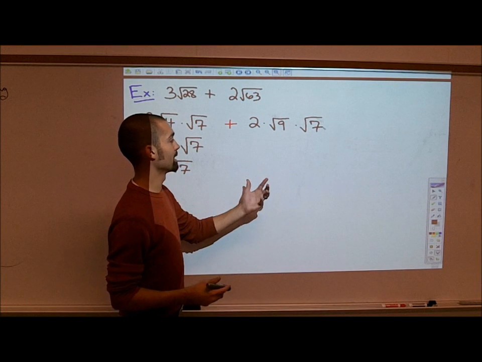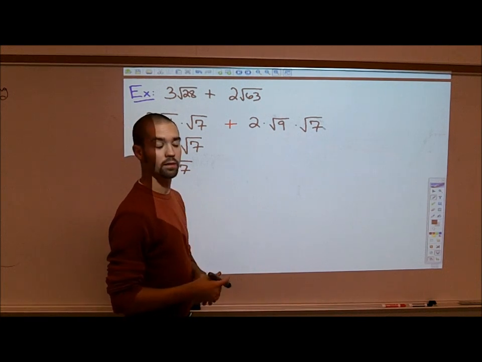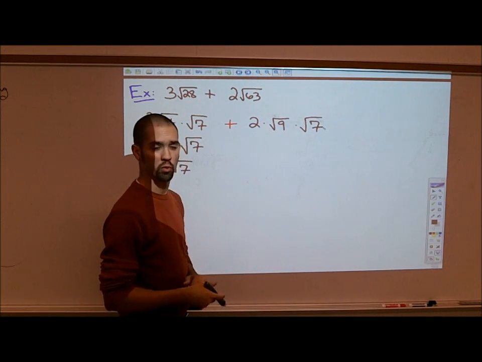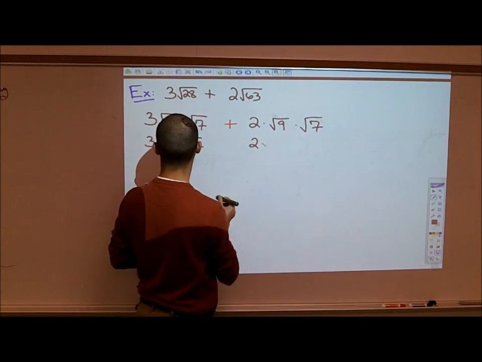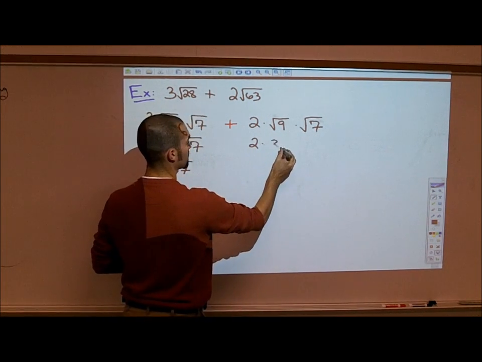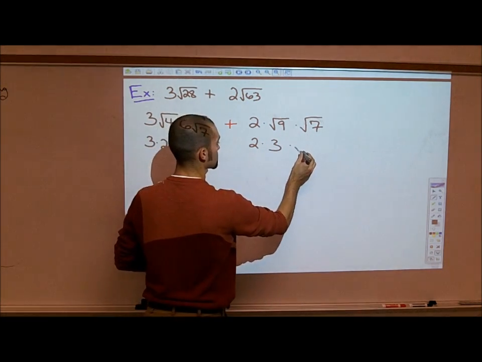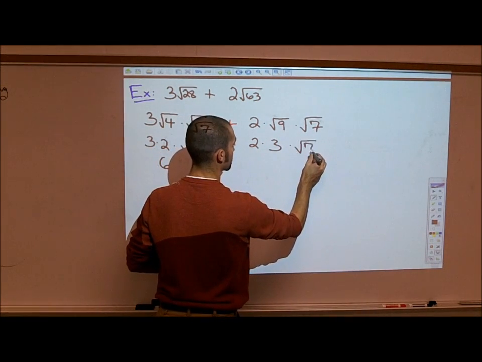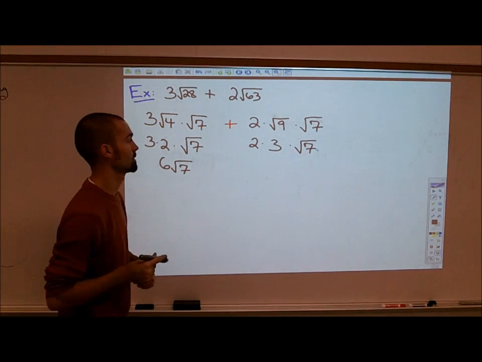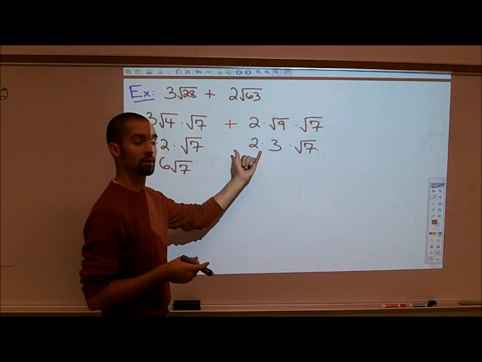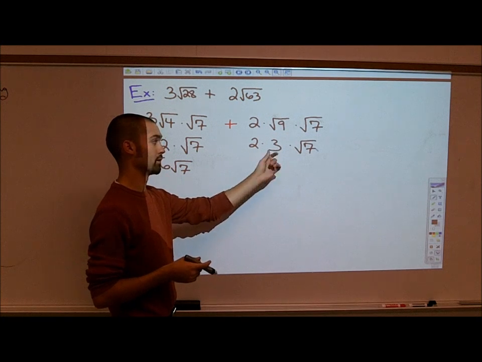So again, I'm looking at this. Can I take the square root of 9? You bet. It's 3. So I have 2 times 3 times the square root of 7. Okay? Well, I can combine the numbers on the outside together.